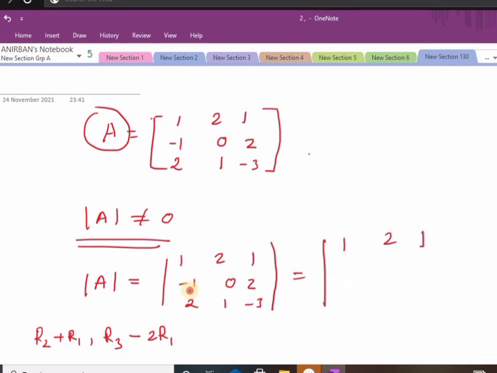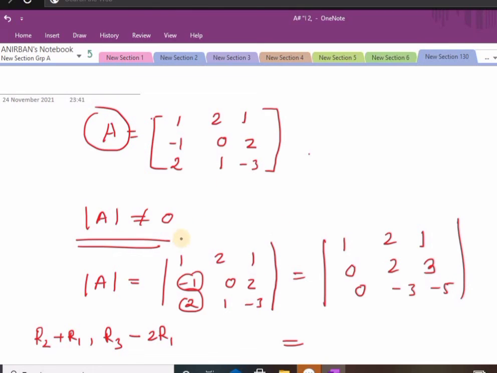Similarly, we get 1 2 1, 0 2 3, and 0 minus 3 minus 5. Now this is very easy to evaluate.